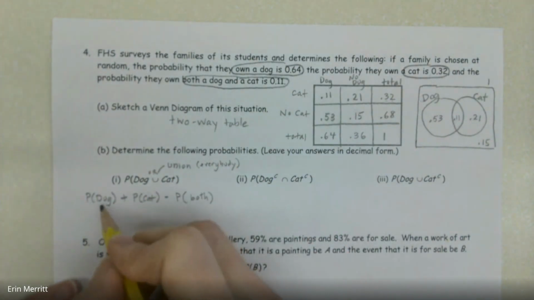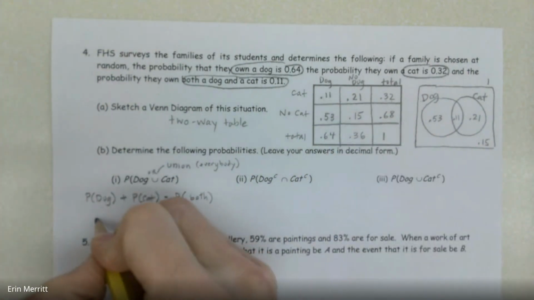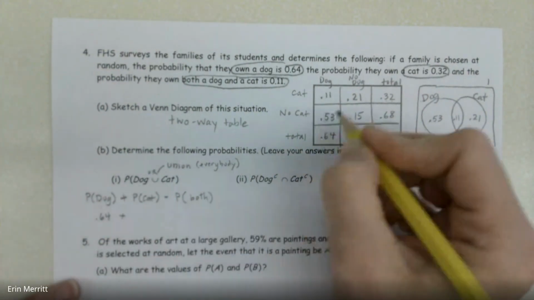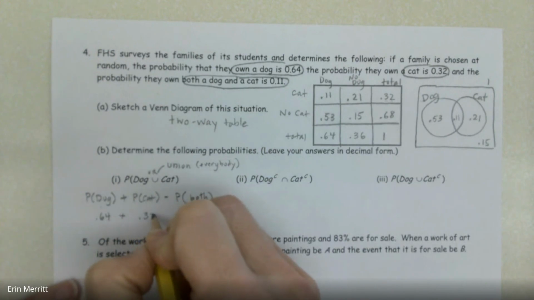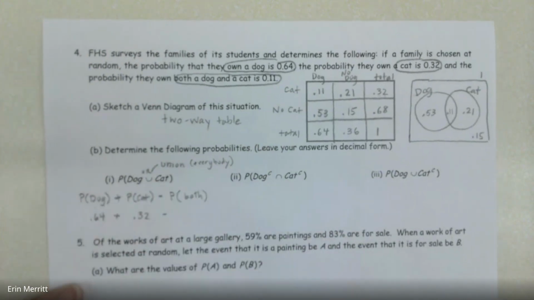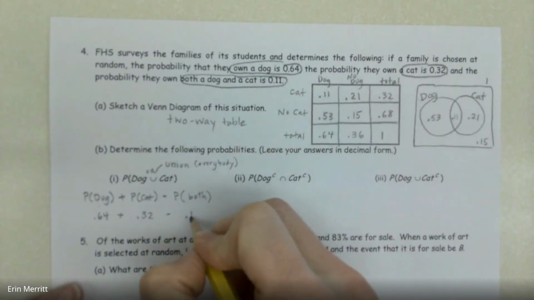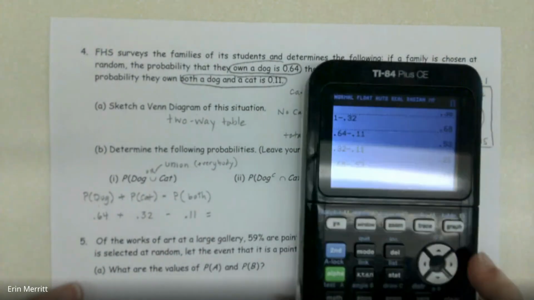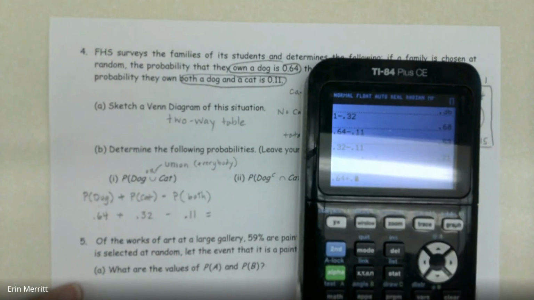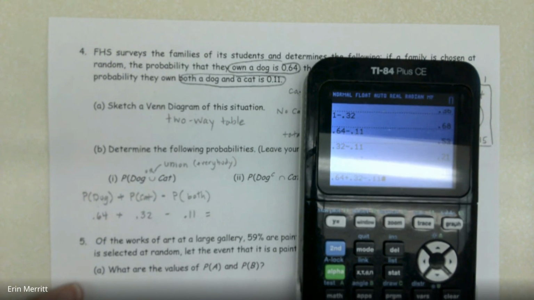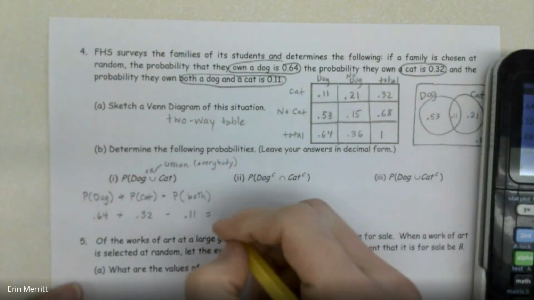All right, so all of my dog people, that's 0.64. All of my cat people, that's 0.32. And those that own both, that's 0.11. There we go. So 0.64 plus 0.32 minus 0.11 is 0.85.